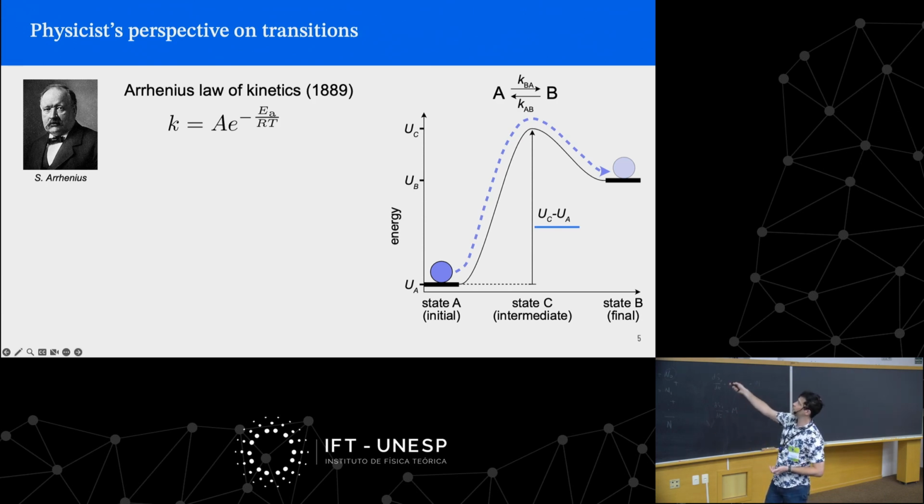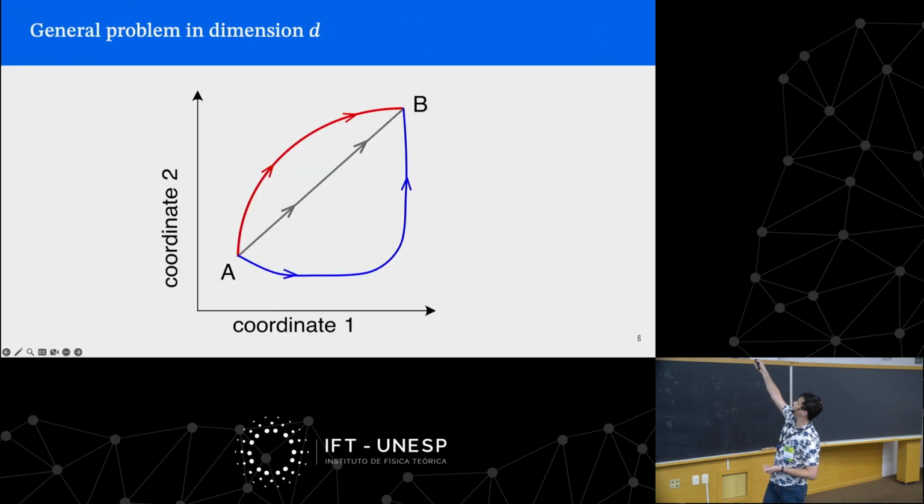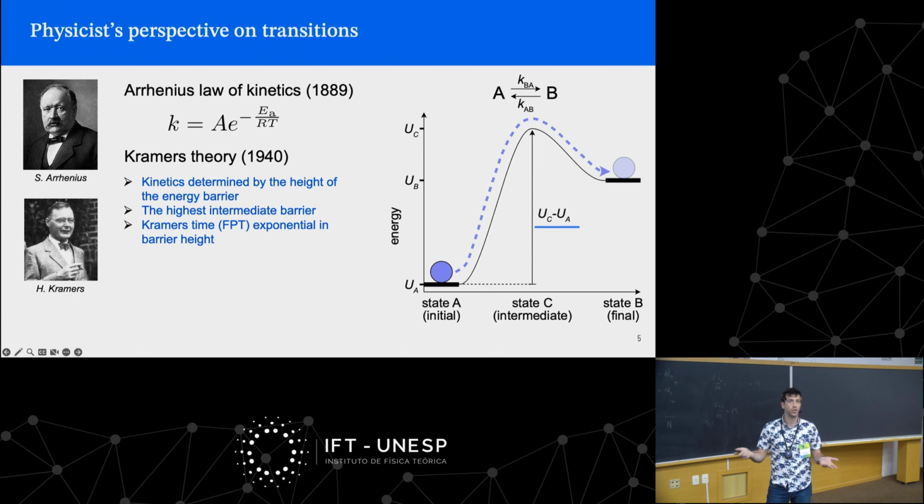So this is the energy axis. And those states make you go through a state which has a very high energy. And this is what I call the energy barrier, right?